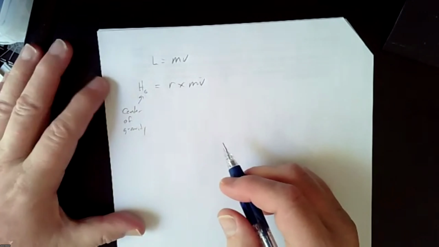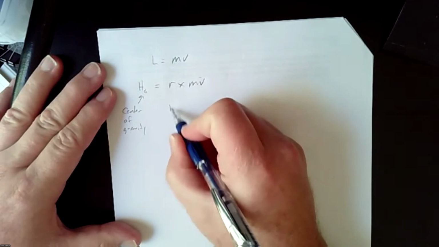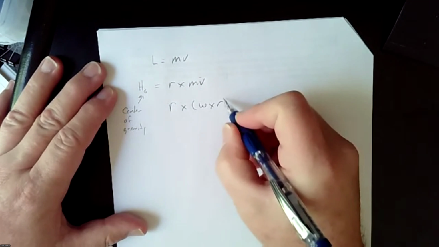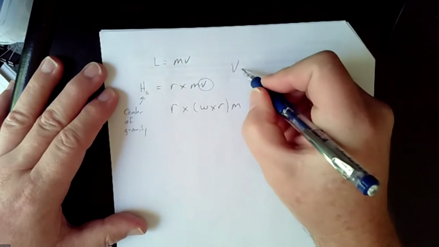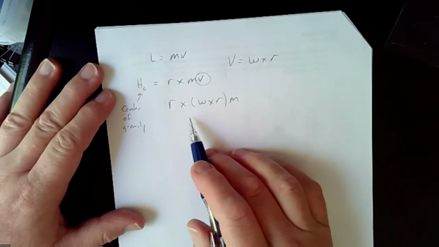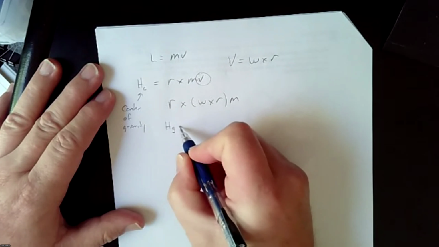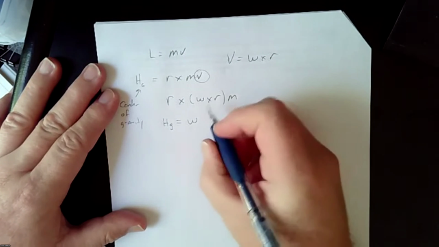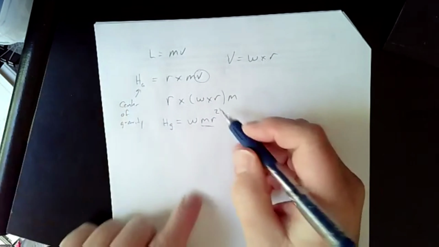I would look that over too to see how it's derived, but kind of in a nutshell, what we get is R cross omega cross R times mass. And that's really because what is velocity? We know that velocity we can write as omega cross r. We learned that in chapter 15. So when the smoke clears, what this really reduces to is HG equals omega times mr squared. And so I've skipped a few steps, but that's effectively what it is.